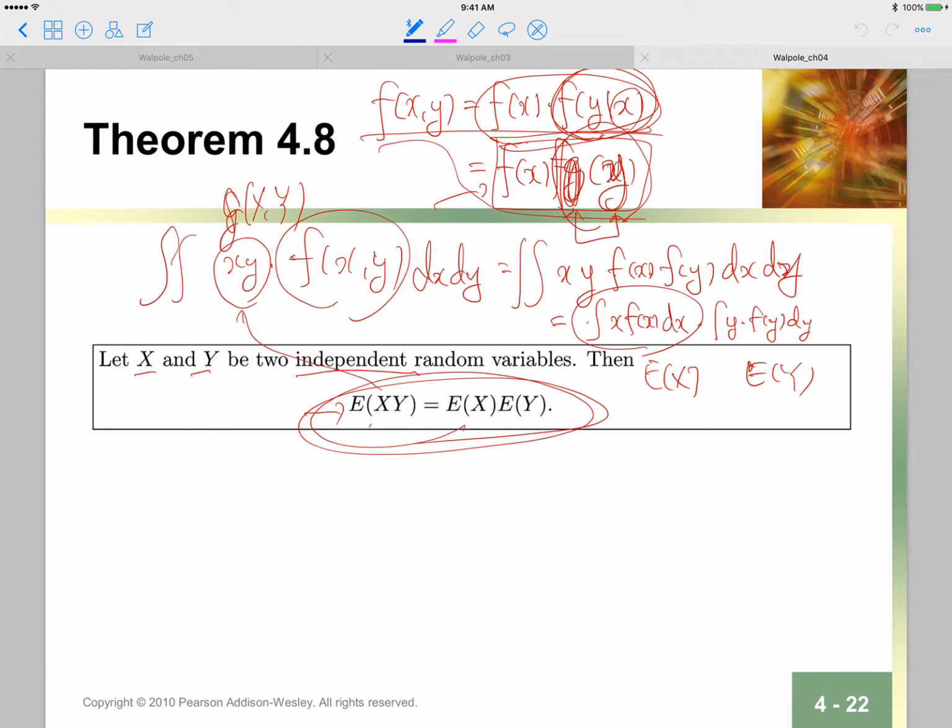So it's an easier situation. We start with this independence. If they are independent, then the expectation of the multiplication of these two can be decomposed into the expectation of each variable, and then multiplying them later, right?